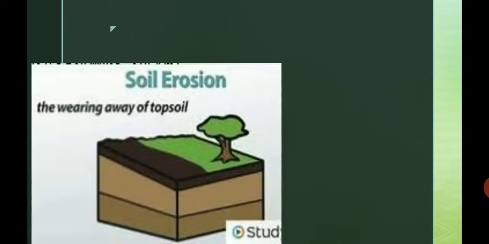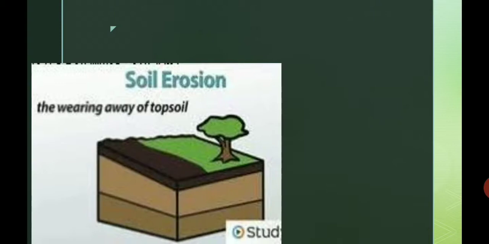Next, look students, here is the picture of soil erosion. Soil erosion means the wearing away of topsoil when there is rainfall or wind blows, and the topsoil blows away.